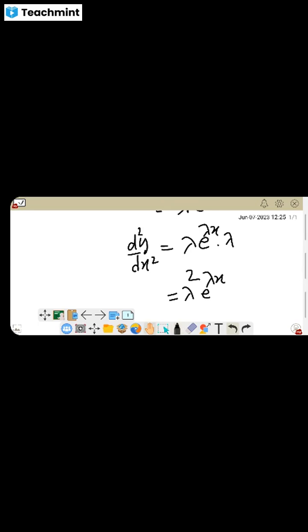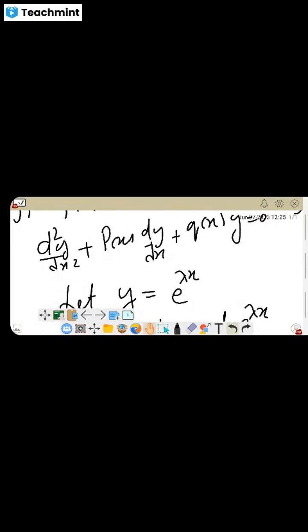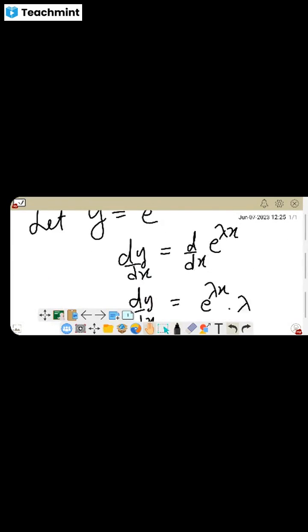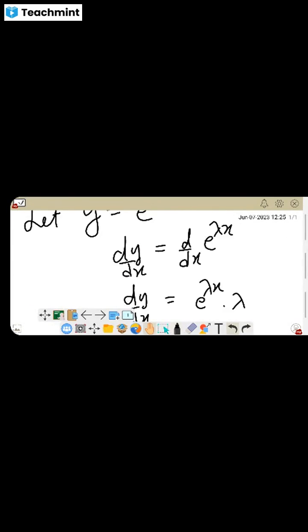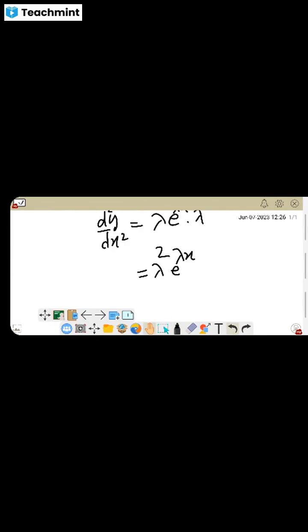And after this, these are the steps. We have this form of the equation. Then we'll use these values, and we'll use both derivatives because we have only second order. After that we'll place these values in the given equation and find the value of lambda further.